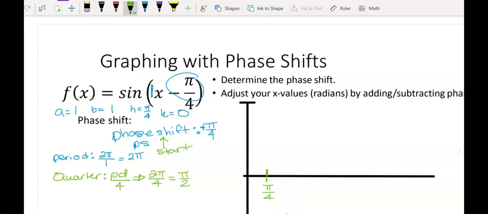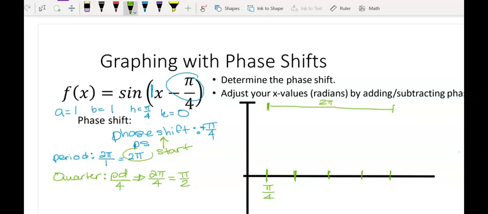All right, so now I've got to figure out the other 4 marks. This whole thing from pi over 4 to this last mark is a total of 2 pi. I'm going to mark that right here so I have a little visual for myself. This whole thing is 2 pi, and the reason I know that again is because that's the length of my period.